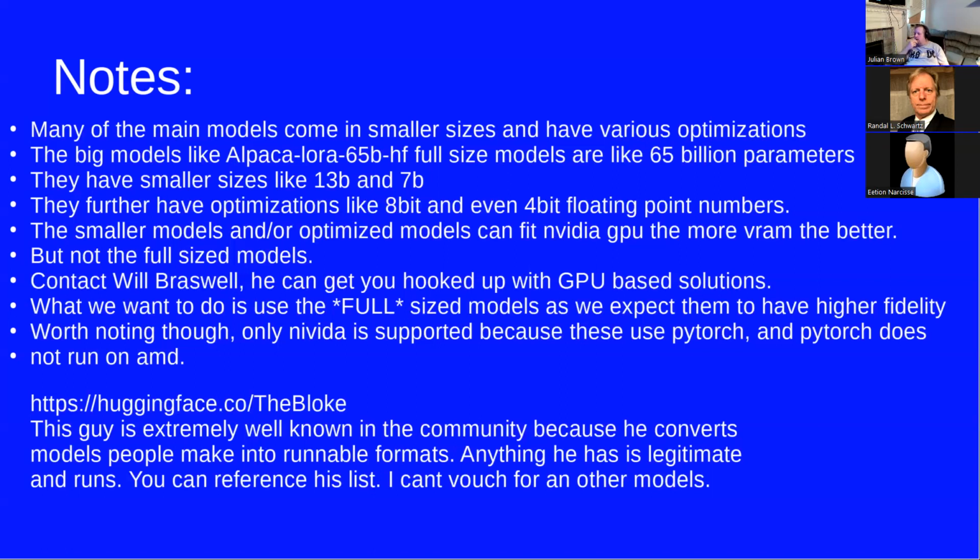So anyway, continuing on, what I want to do is run the full-size models, the 65 billion parameter models, because I expect they're just going to work better in this environment. The smaller ones are not likely to work. Now, this is supposition, and I want to prove all this out, but I want to be able to run the full-size models.